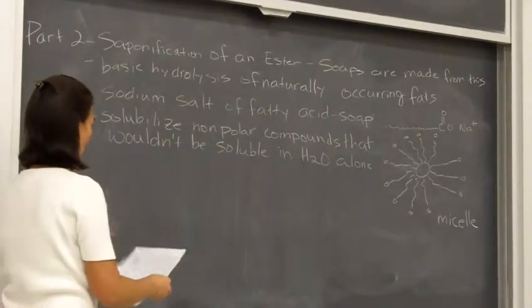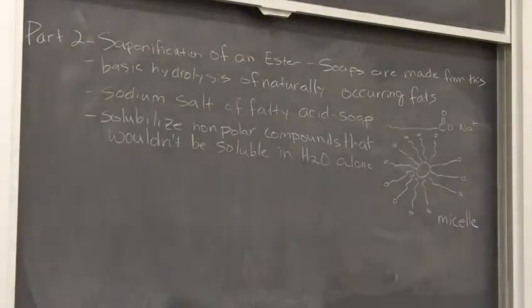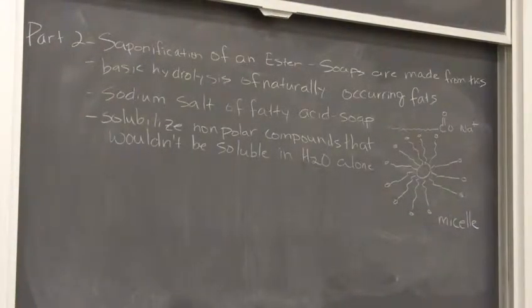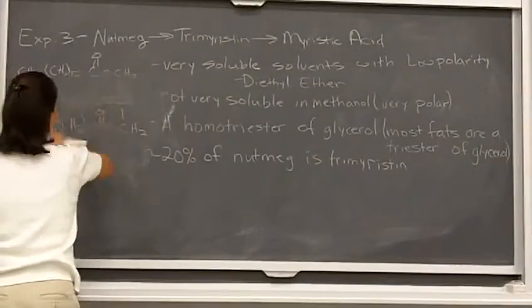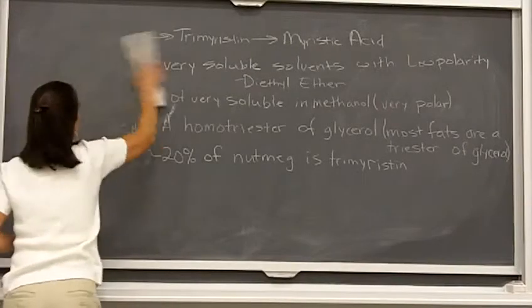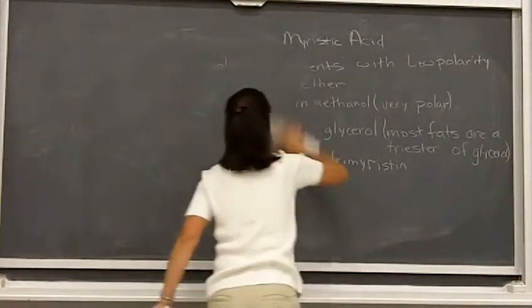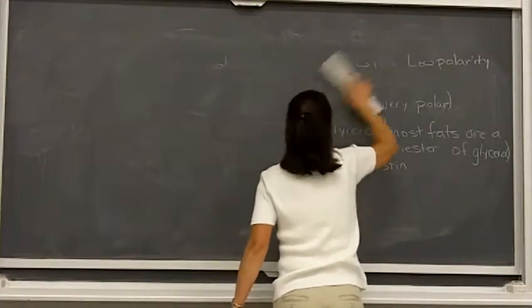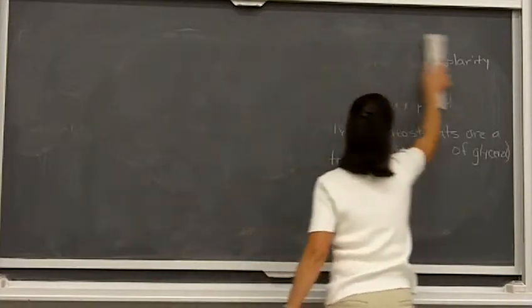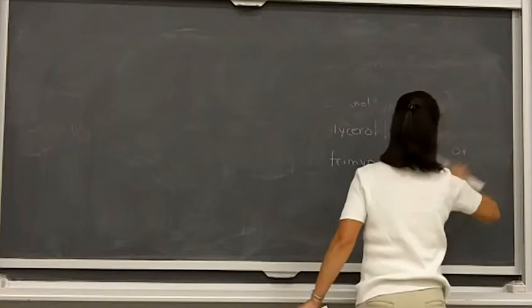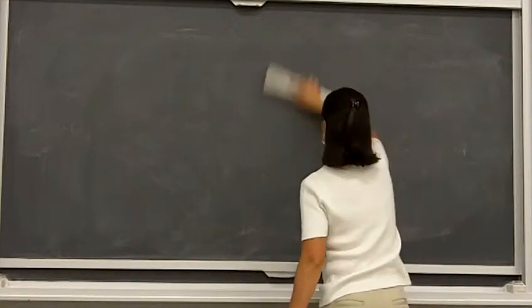Now for what we're going to do, we need to look at the reaction itself. So we've got our trimyristin here. Draw that guy again so we can fit everything on here. You're going to take the solid trimyristin that you extracted from the nutmeg.